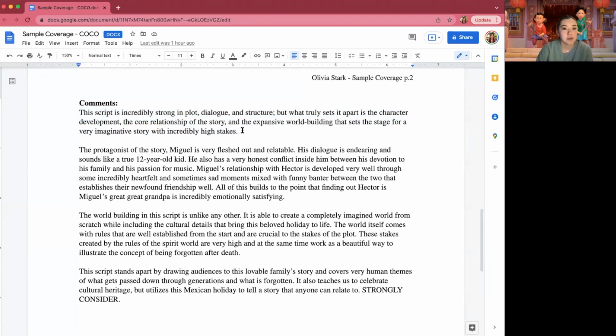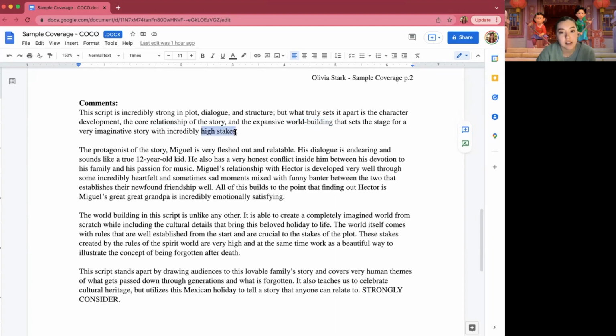So I wrote, this script is incredibly strong in plot, dialogue, and structure, but what truly sets it apart is the character development, the core relationship, and the expansive world building that sets the stage for an imaginative story with very high stakes. So key words here are character development, core relationship, world building, and high stakes.